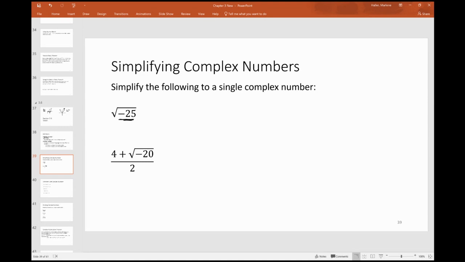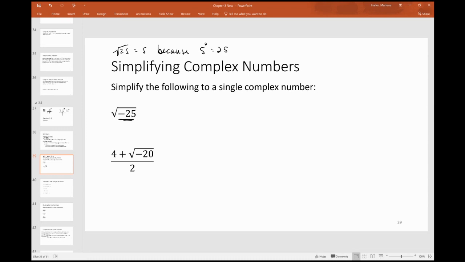Like this first example here, the square root of negative 25. The square root of 25, we all know that's 5, right? But what's the square root of -25? That's a little bit harder to think about. We know that the square root of 25 equals 5 because 5 squared equals 25.